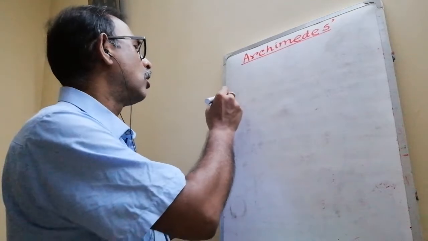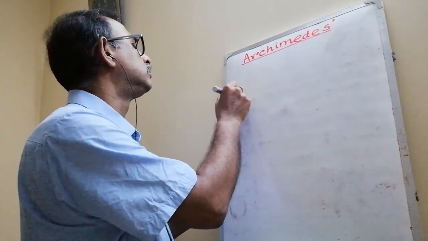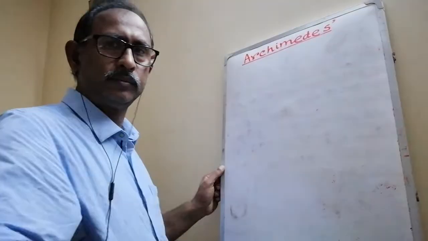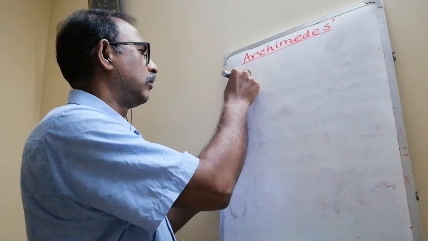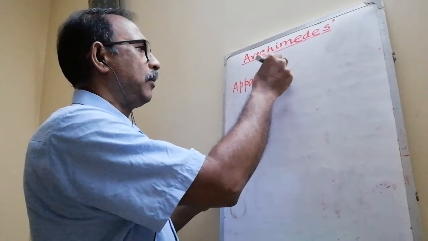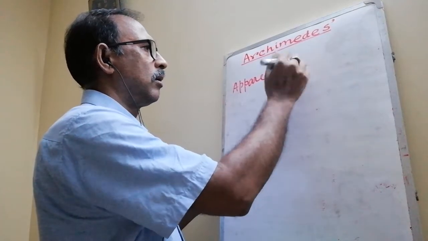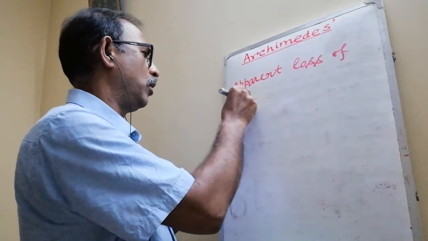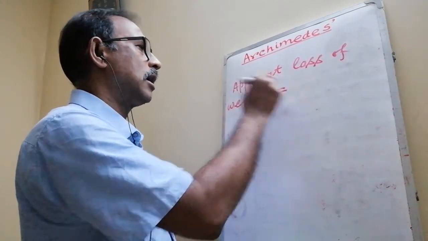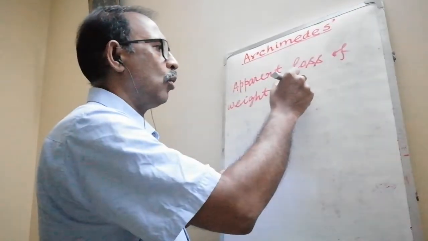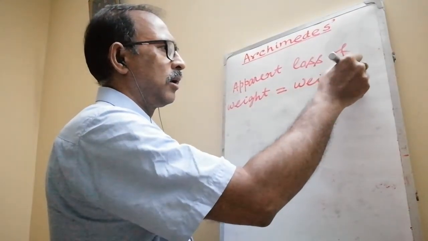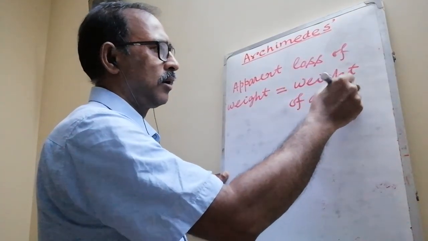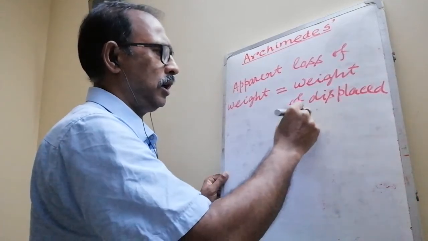Now, the third part: the apparent loss of weight is equal to the weight of the displaced liquid.